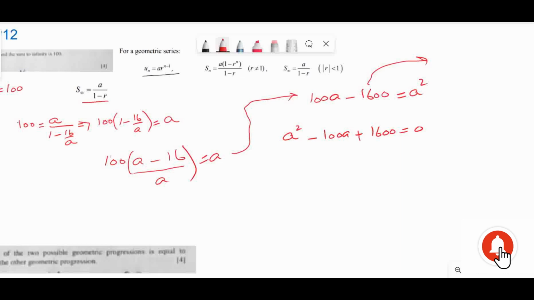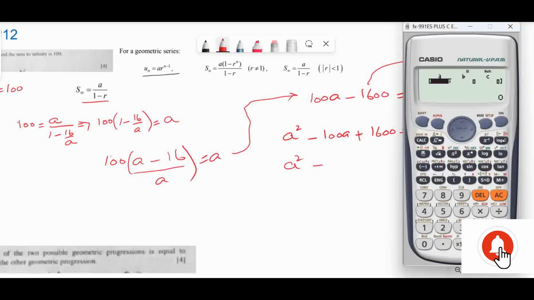So now we can use the middle term breaking, and we can also apply reverse engineering. So A squared minus 100A plus 1600. Let's see the final answer from here: A is 1, B is minus 100, and C is 1600. The answers are 80 and 20.